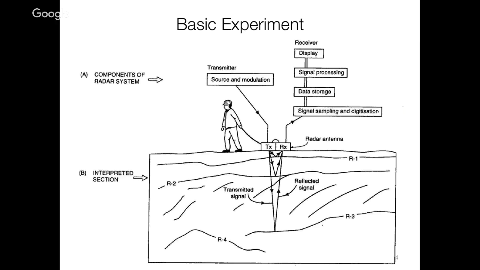The reason is that the whole scenario is basically the same as in reflection seismic. You have a transmitter, energy goes down, reflects back up, and because you're talking about wave phenomena, the difference here is that this is an electromagnetic transmitter, and here's an electromagnetic receiver, and the information going down are just EM signals. They're not acoustic signals.